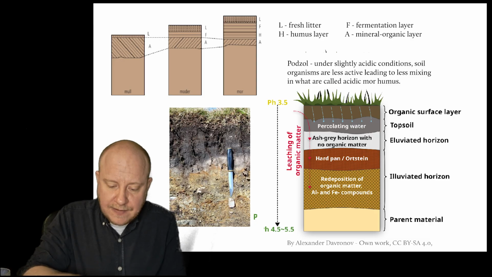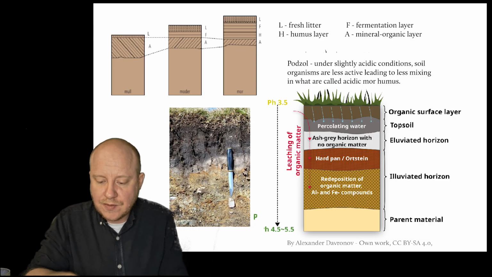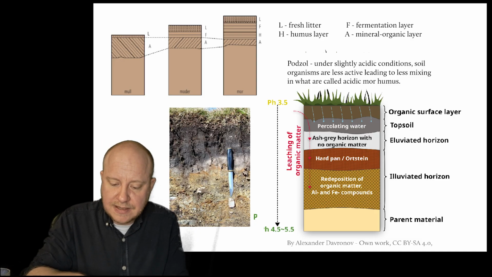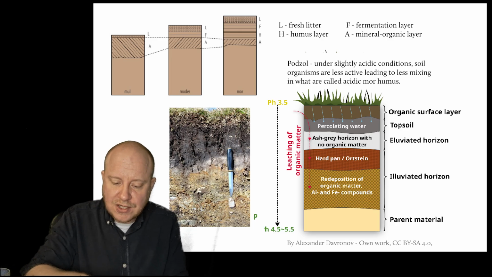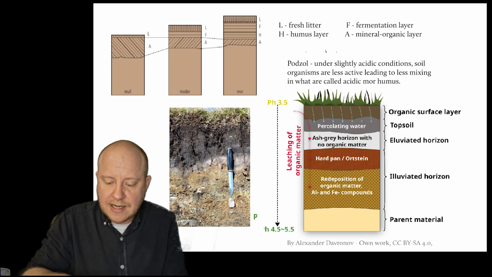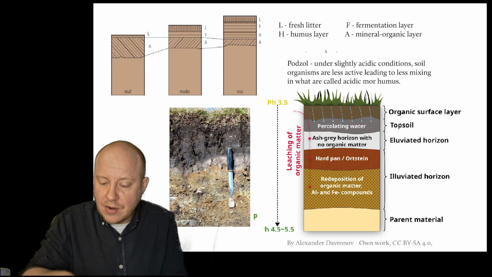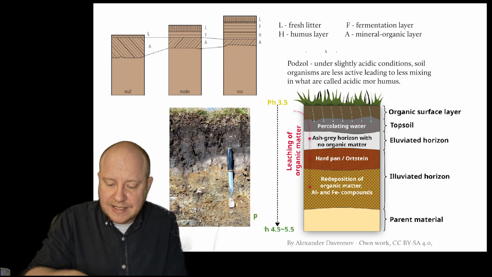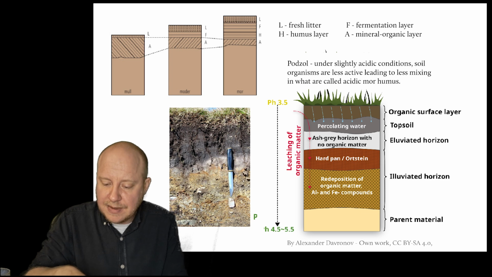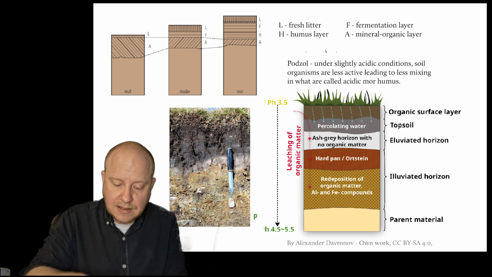Figure 5.11 shows the three distinct layers representing the different stages of decomposition in a podzol, leached under acidic conditions. At the surface, the fresh litter contains recognizable plant remains. Below this is the partly degraded fermentation layer, where decay is active, and the plant remains are difficult to recognize.